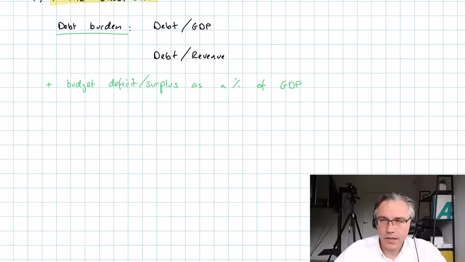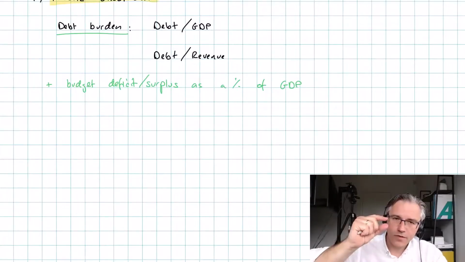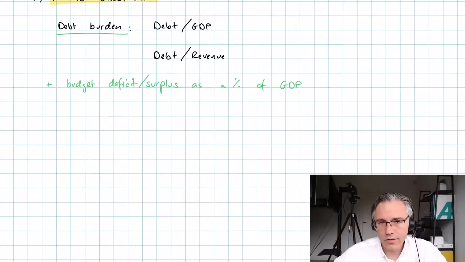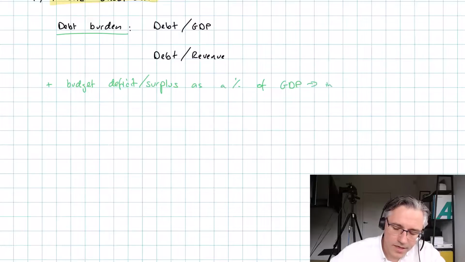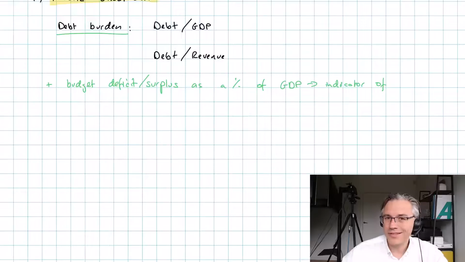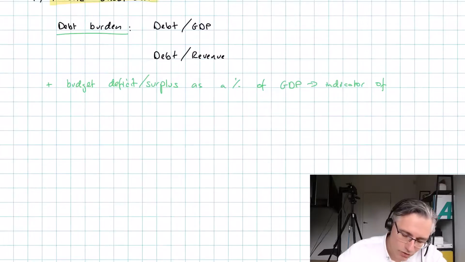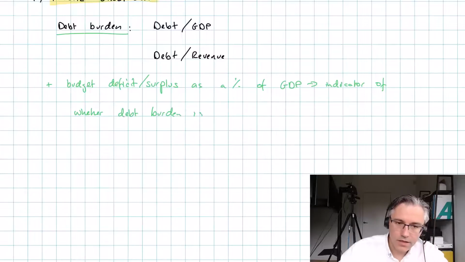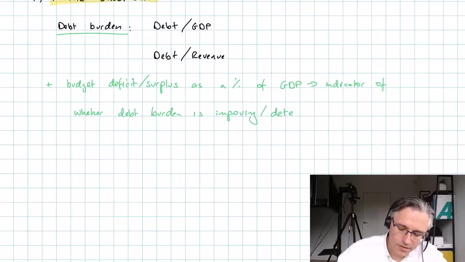How much surplus or negative deficit are we running compared to our country's GDP. And this is going to be an indicator of how the debt burden is changing, so of whether the debt burden, the thing we had at the top, is either improving or indeed whether it is deteriorating.